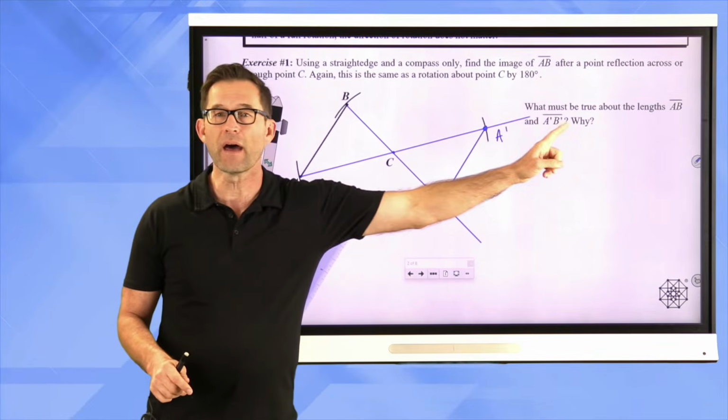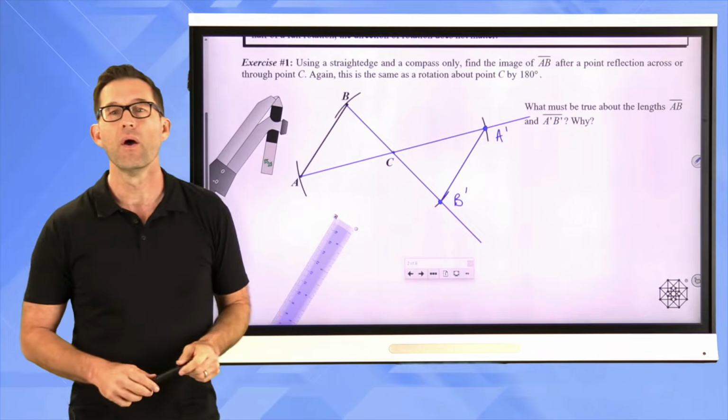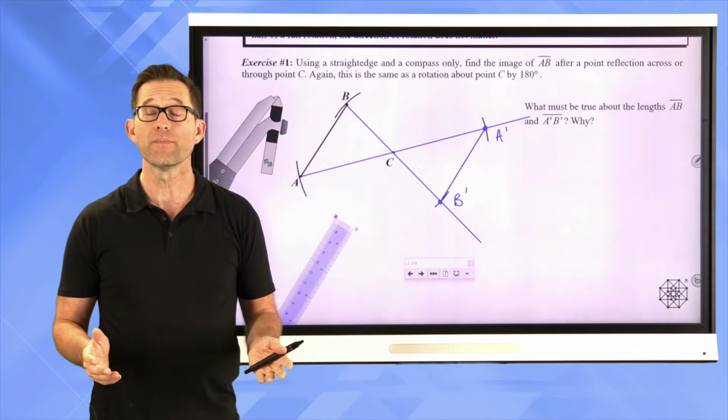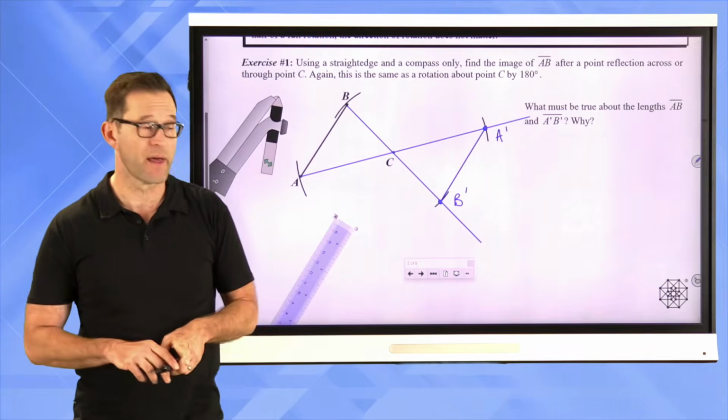Now, we don't want to forget about answering this little side question. What must be true about the lengths of segment AB and segment A prime, B prime, and why? Well, they must be the same length, right?